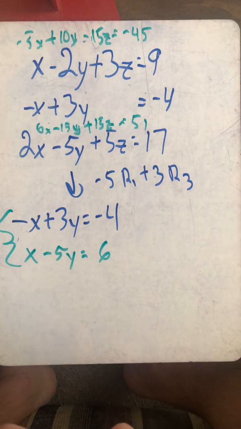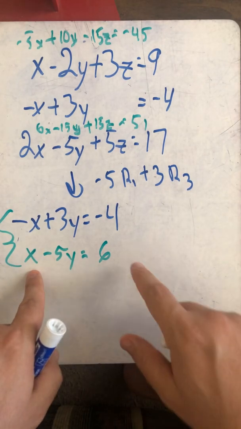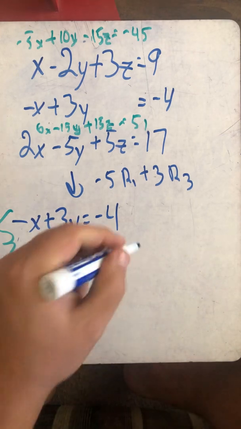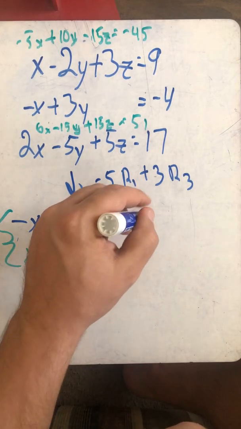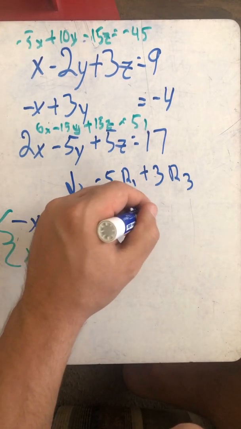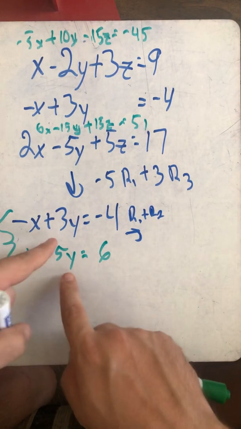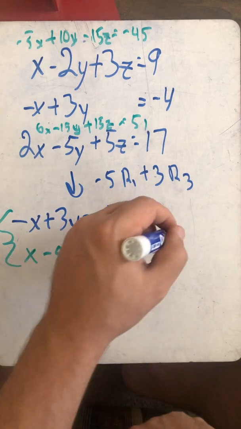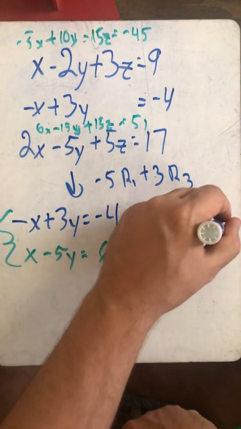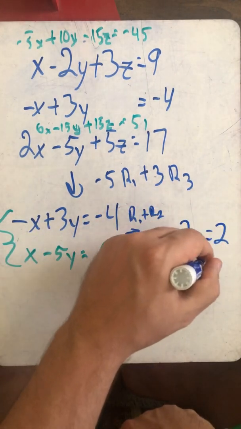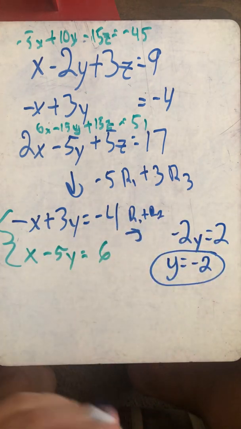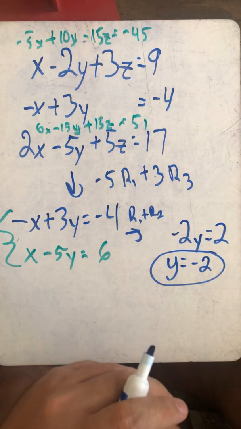Now I'm going to look to eliminate another variable. Easiest one will be x here. So I'm just going to combine the 2 rows. Cancel out. -2y equals 2. Y equals -2. So we got our first part done.